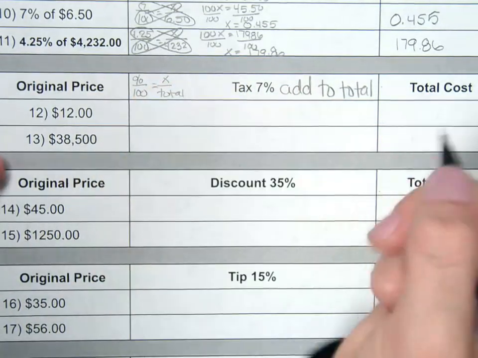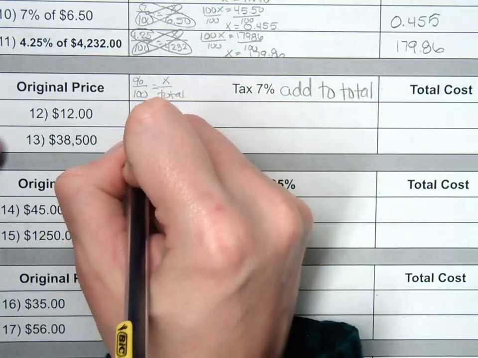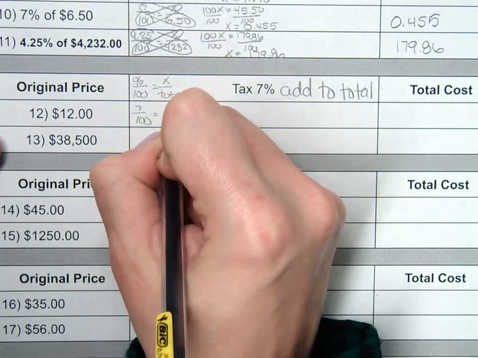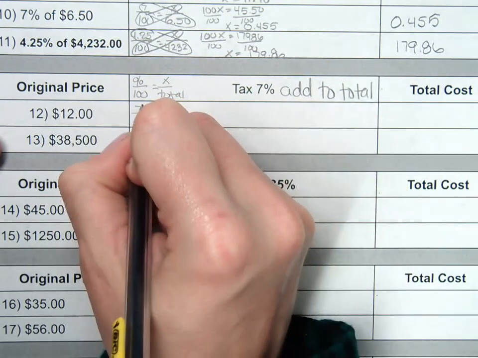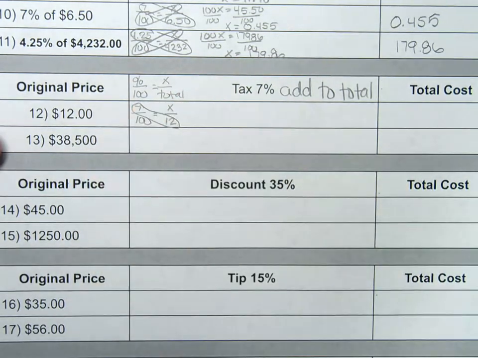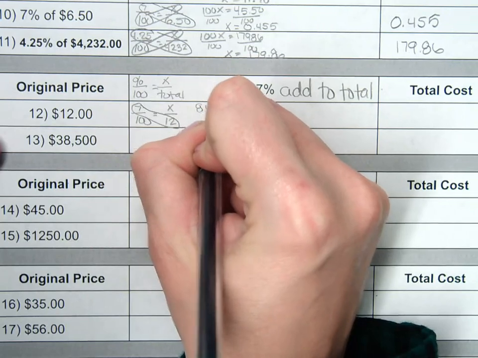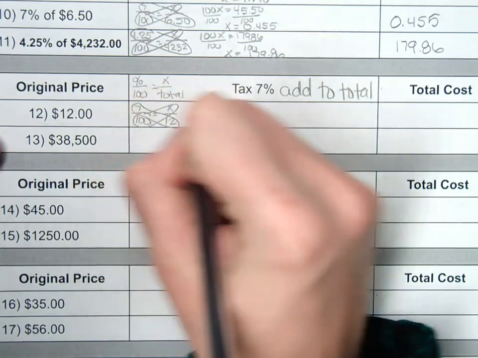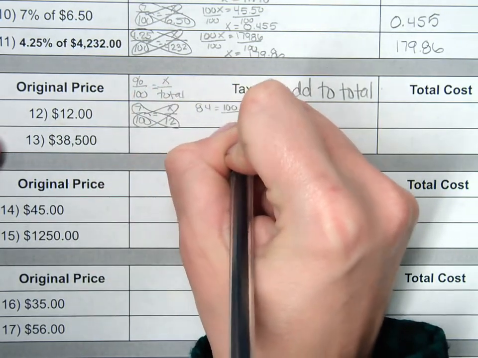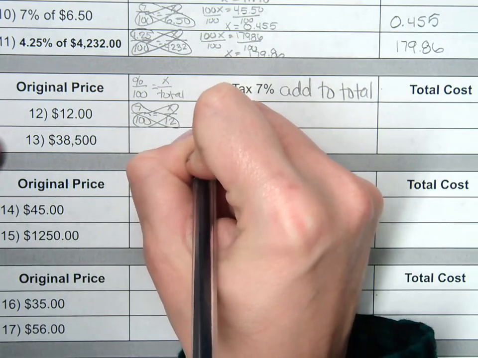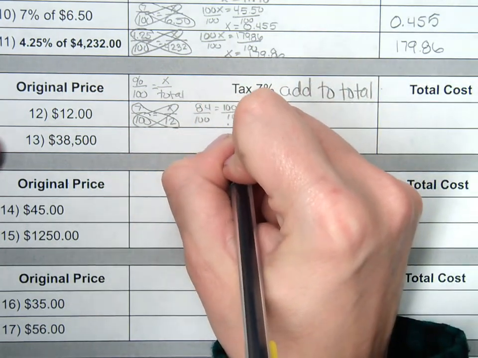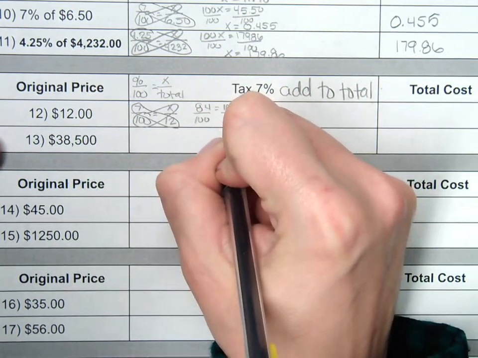So my sales tax is 7% over 100 equals x over $12. Then we cross multiply. 7 times 12 is 84 equals 100 times x is 100x. Divide both sides by 100. And I have 0.84 equals x.